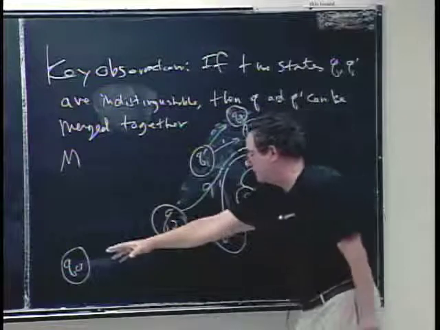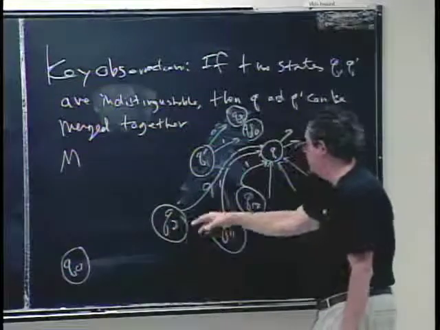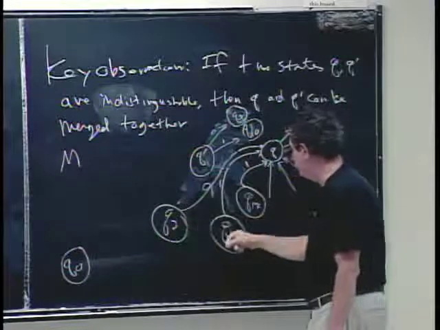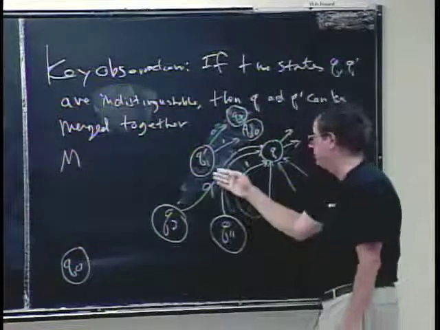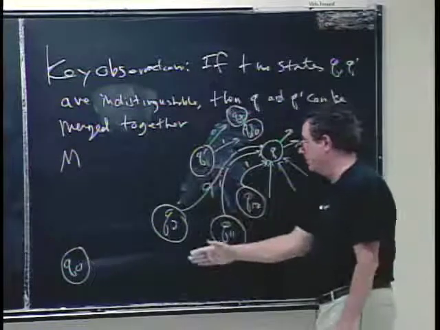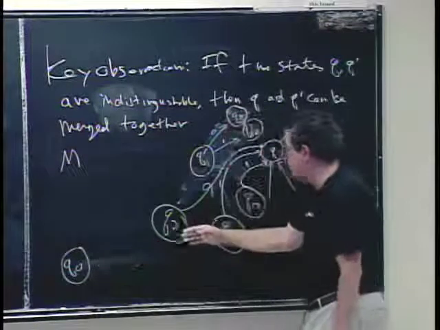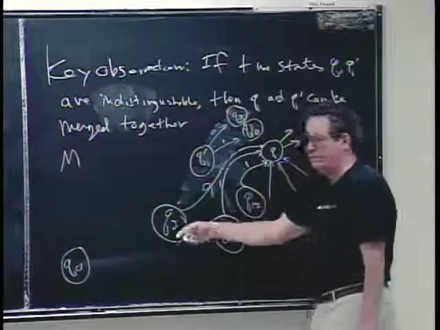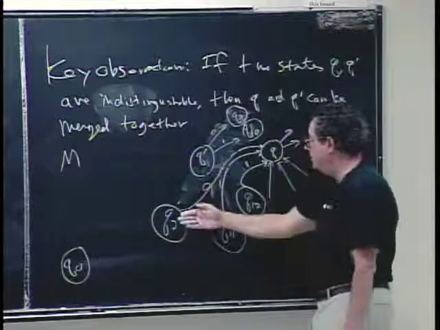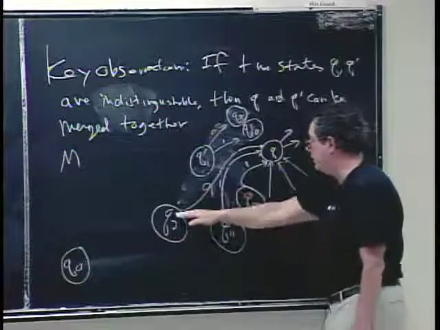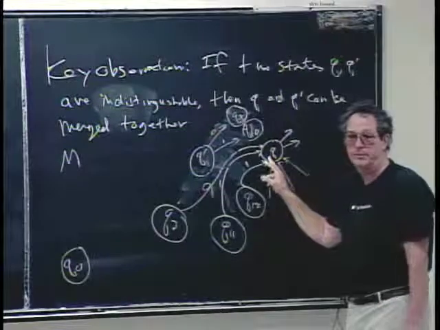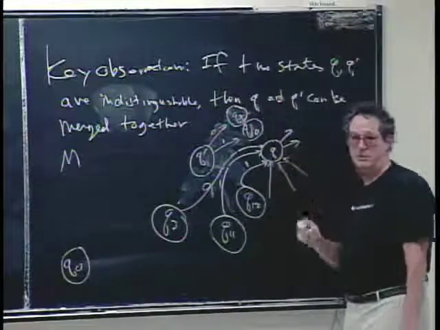But think of that computation. Just before it got to Q prime, it had to go through Q3 or Q11 or Q17, because those are the states that point into Q prime. So that computation still goes to whichever of these three states it went to just before Q prime, but now it doesn't go to Q prime. It takes the redirected edge into Q. Okay? But Q and Q prime are indistinguishable.